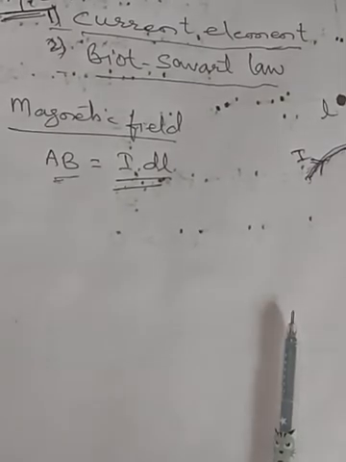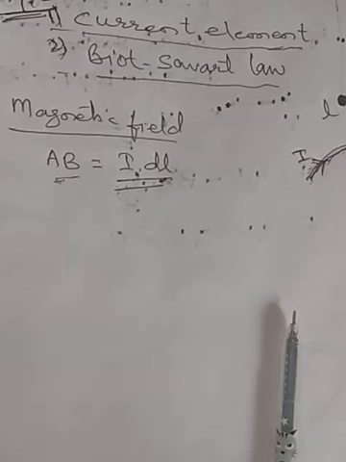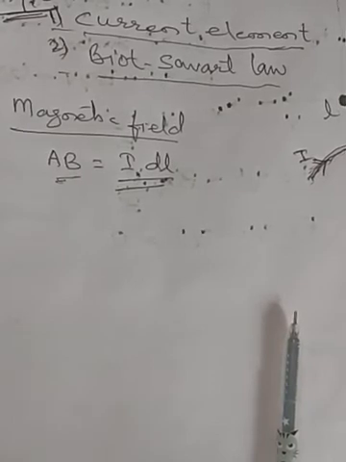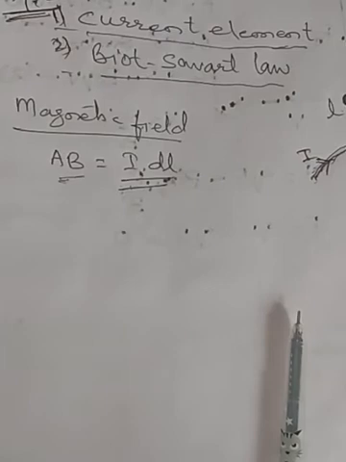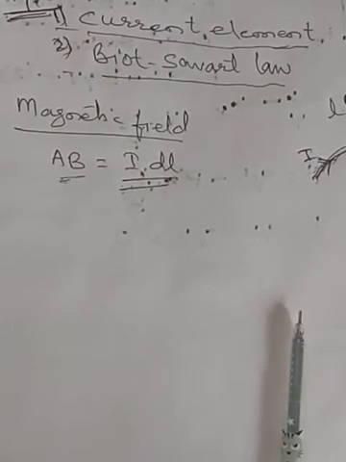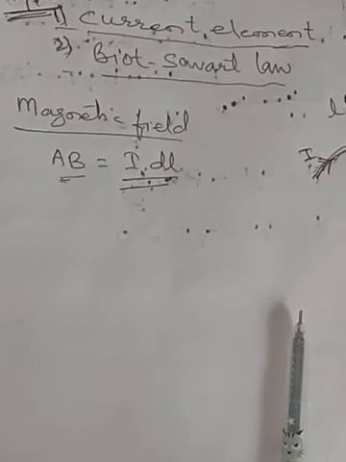Because in a wire n number of charges are there, and each charge will move at its own position. So at one position the charge will be different, at another position the charge will be different. So at a particular point, taking the vector sum of the charges is very, very difficult, since we don't know how much charge will be present at a particular point.